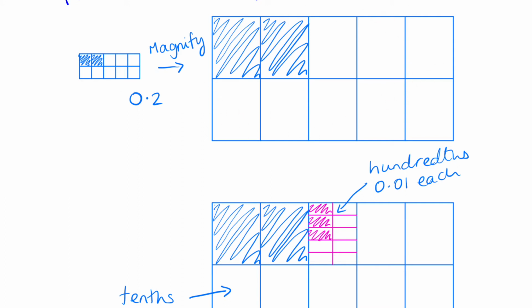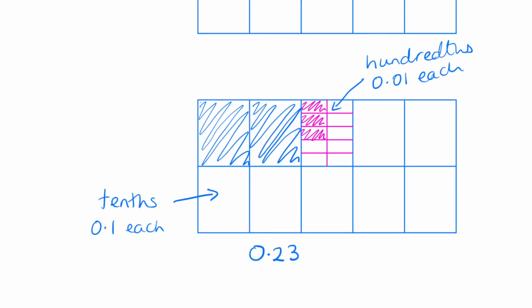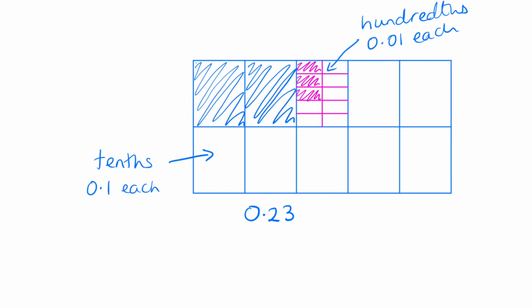Okay, now if we want to move into hundredths, then hundredths are a tenth of a tenth. Okay, so when we move into the next decimal place, we're taking one of these tenths and we're splitting it into 10 pieces as well. So these pink ones here, these are hundredths. Okay, so the whole rectangle would be a whole one. The individual boxes are tenths, and these tiny ones here are hundredths.